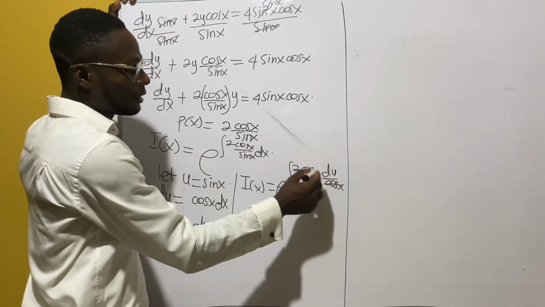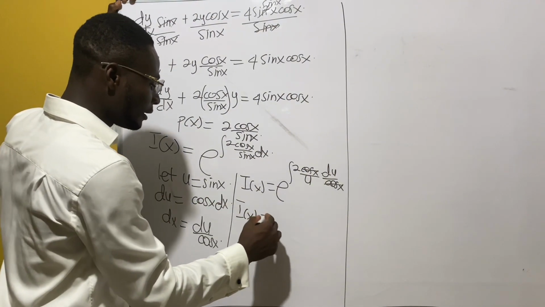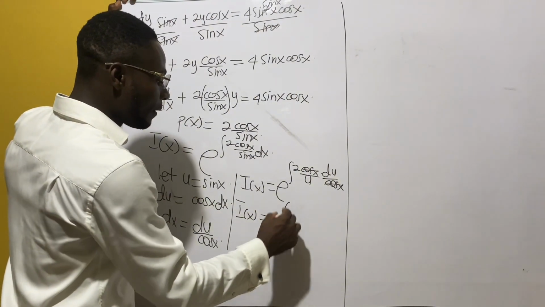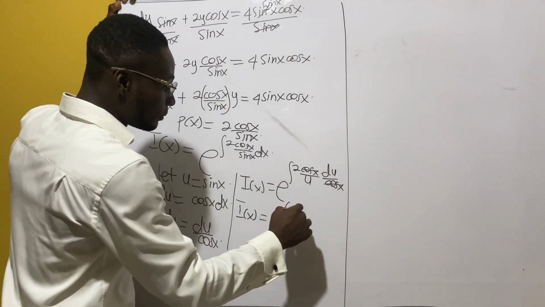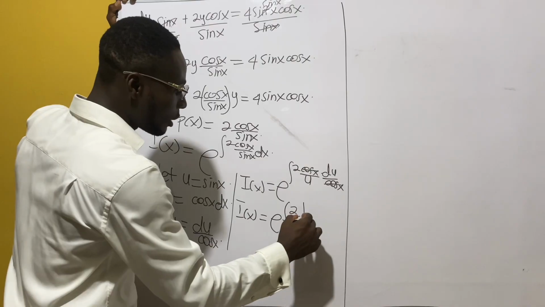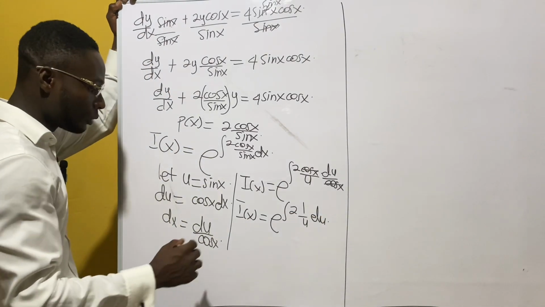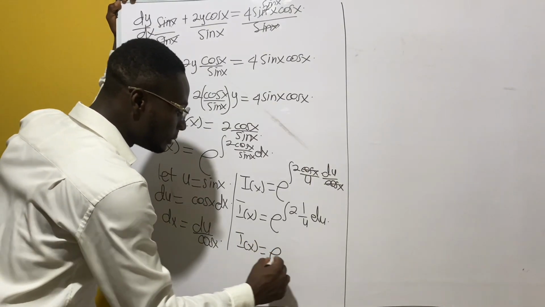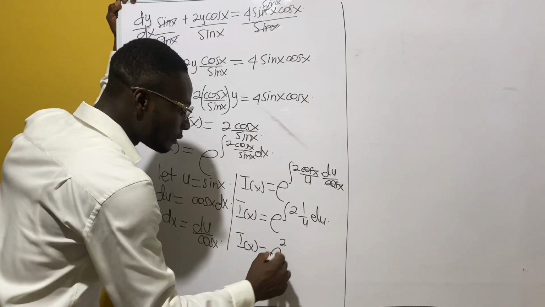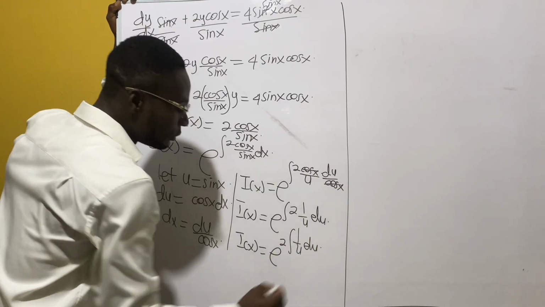So the cos x cancels, and then we have I of x equals e power the integral of 2 times 1 on u du. So we can say that I of x is equal to e power 2 times the integral of 1 on u du.